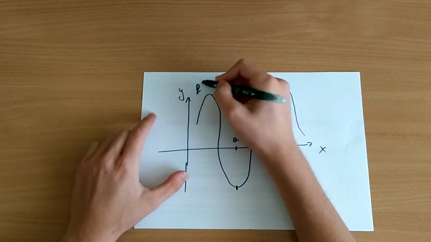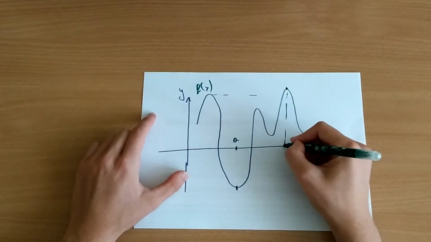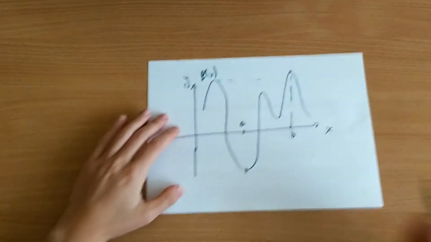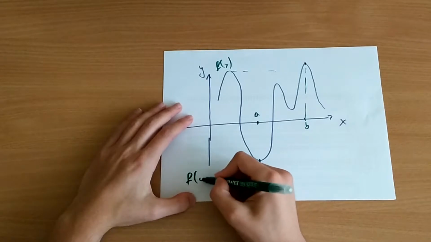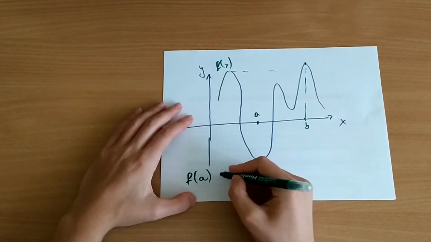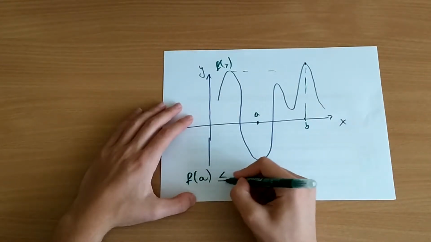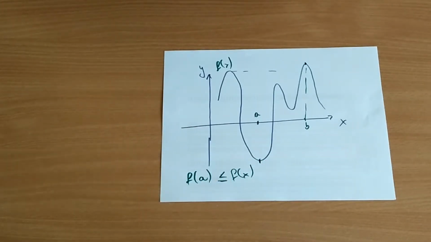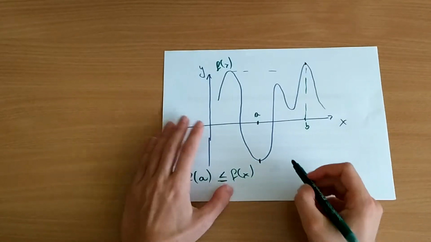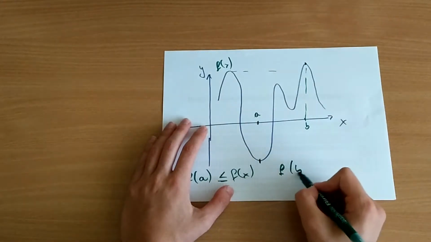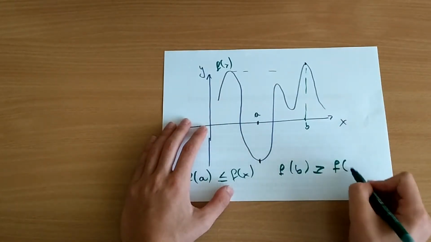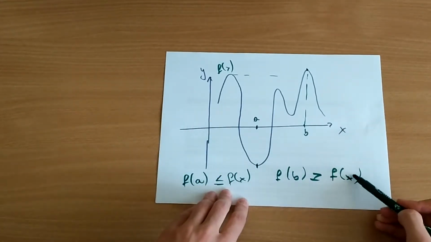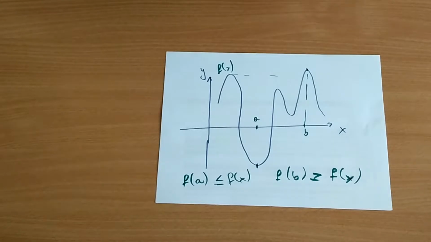We can call this function f of x, and this point B. So we can state that f of A is smaller or equal to f of x for every x in the domain of this function. And for f of B, we can state that it's bigger or equal to f of x for every x in the domain of this function.